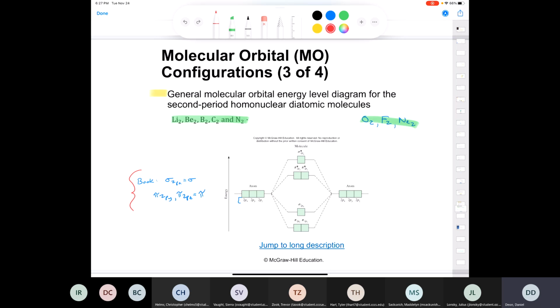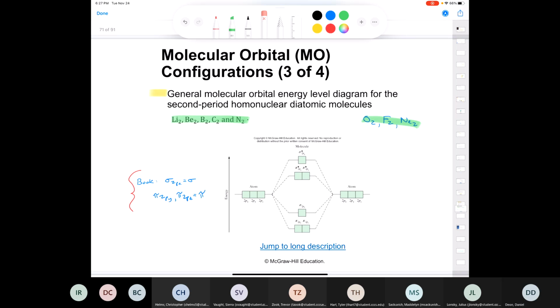So you can see here that if we take our 2p orbitals, there are 3 2p orbitals from one atom and 3 2p orbitals from another atom, so from a total of 6 atomic orbitals, we form 6 molecular orbitals, and this is the order in which they come: pi 2py, pi 2pz, sigma 2px, then pi star 2py, pi star 2pz, and sigma star 2px.